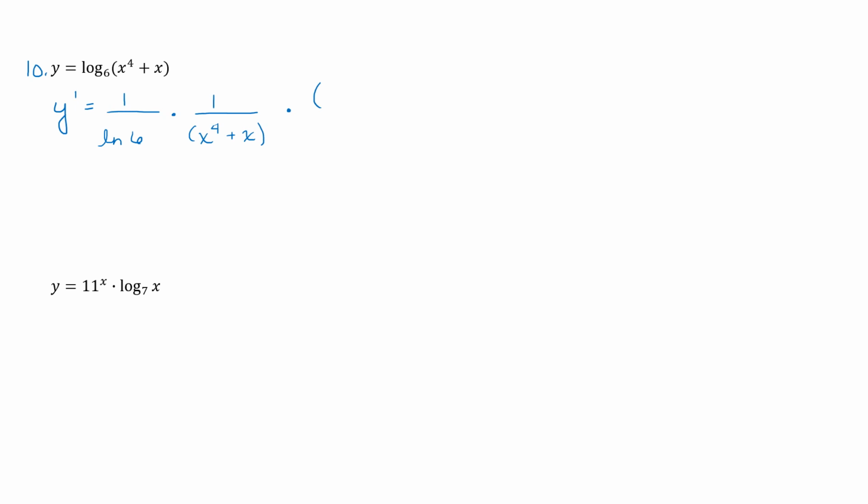So the derivative of x to the 4th is 4x to the 3rd. The derivative of x is 1. And so our final answer would just be 4x to the 3rd plus 1 over the x to the 4th plus x times the natural log of 6.